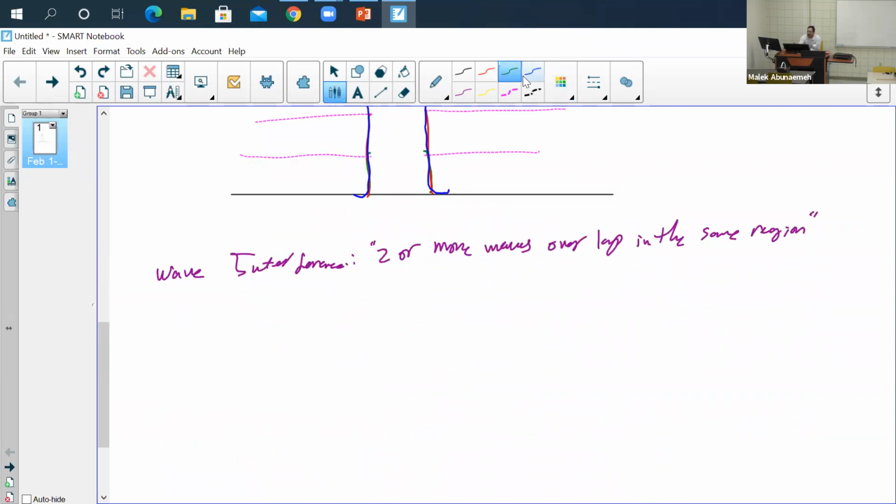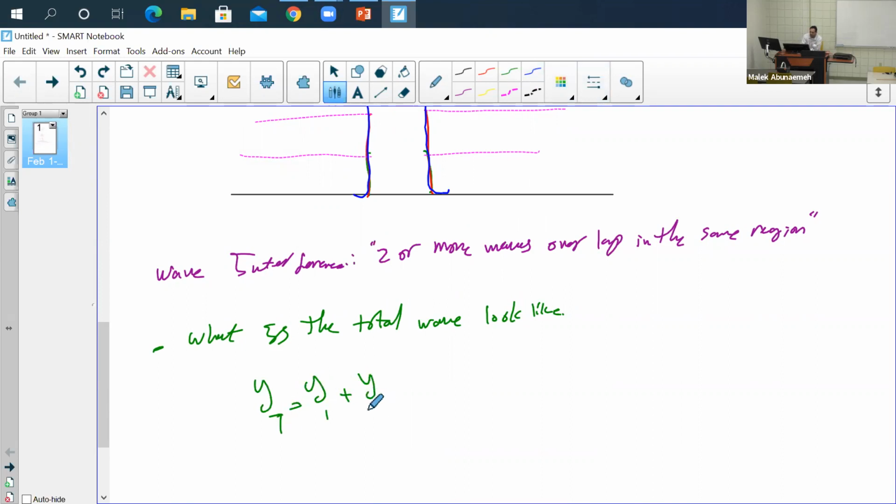So the question that we have is, what does the total wave look like? Now your total wave is going to be whatever wave equation you have for the first wave plus whatever equation you have for the second wave.